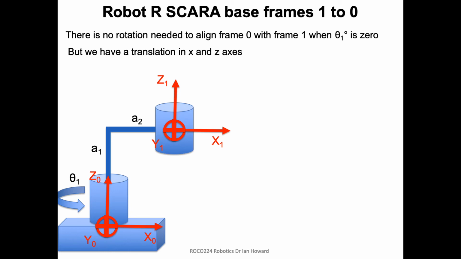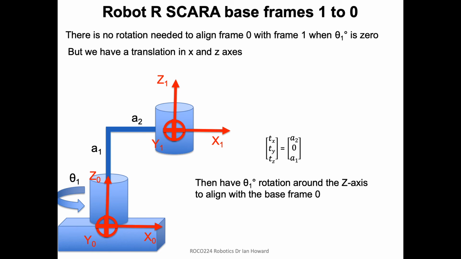But we do have translation, and since they're pointing in the same direction, A2 is going to be in X and A1 is going to be in Z, right? So we can see that immediately. Translation in X is going to be A2, right there. This is along X. And translation in Z is going to be A1, right? So to get from here to here, we have a positive A1 and a positive A2.